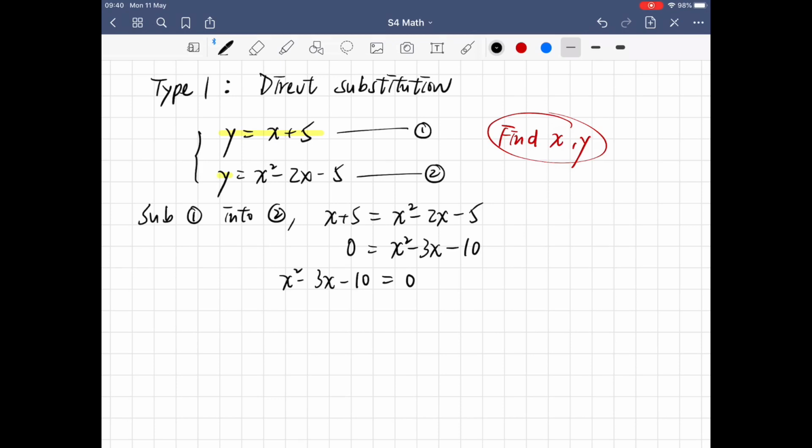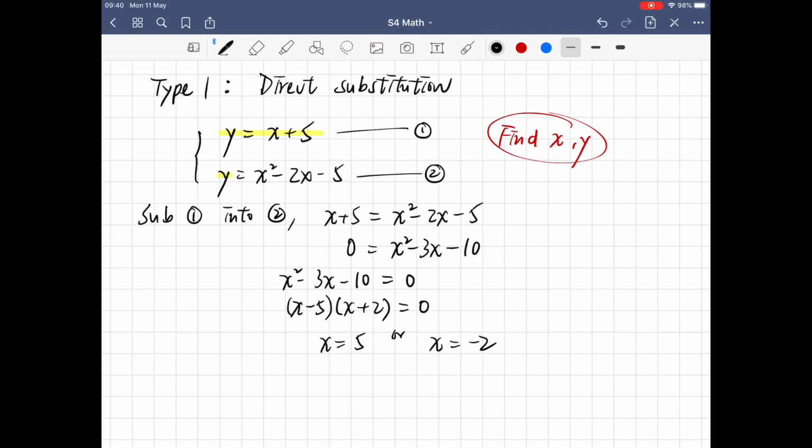Okay, then we can solve this quadratic equation, and we have x minus 5, x plus 2 equals to 0. And we have x equals to 5 or x equals to negative 2. Then we have finished finding the values of x.